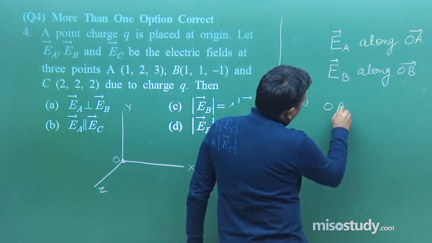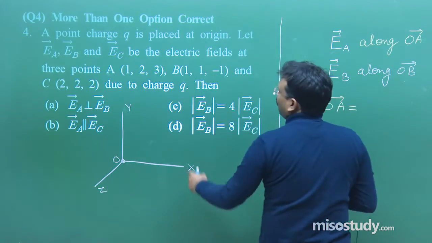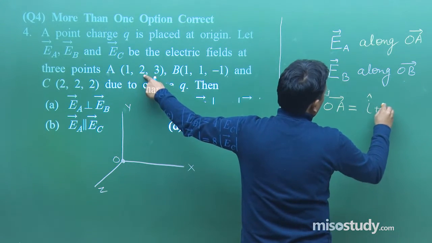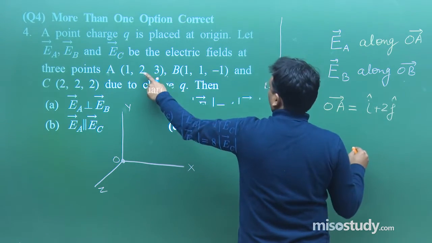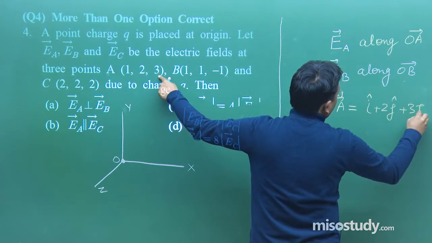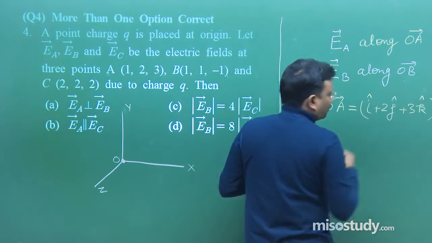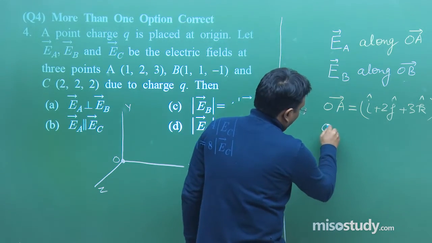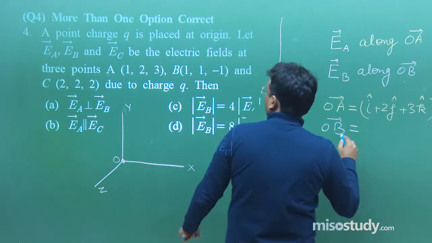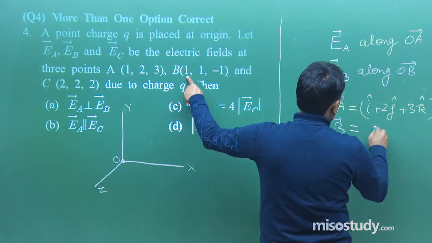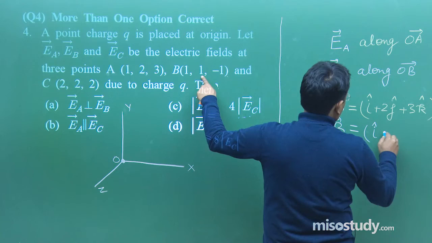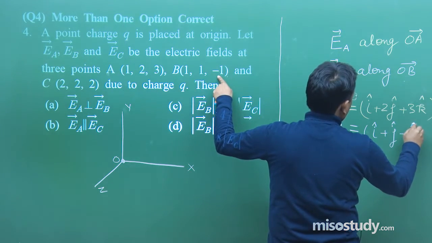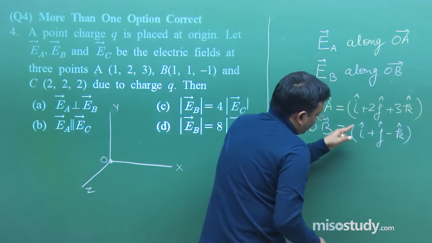Now, OA is what? OA is i cap plus 2j cap plus 3k cap. Just compare these numbers, and OB is equal to i cap plus j cap minus k cap, fine. So, now these 2 vectors are with me.